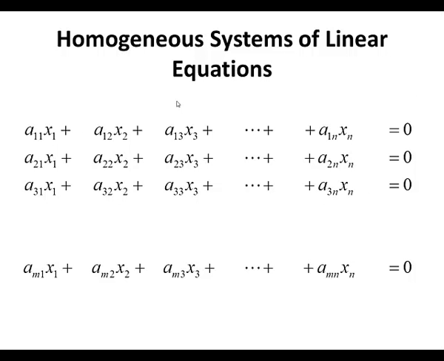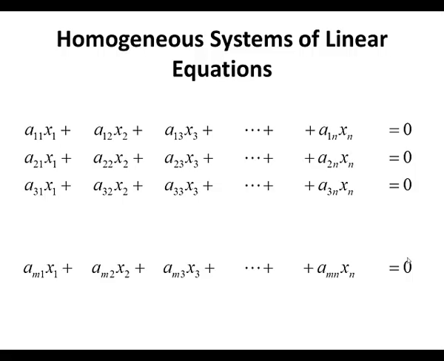Now, before we close this lecture on Gaussian elimination and the Gauss-Jordan elimination, let us mention quickly the homogeneous systems of linear equations. We say that a system of linear equations is a homogeneous system if all the constants on the right hand side of the equal sign are zeros.